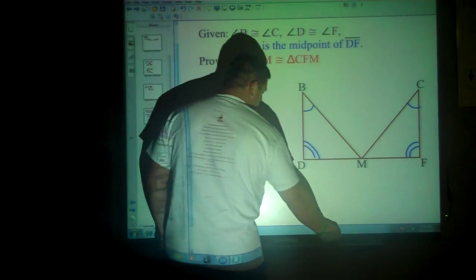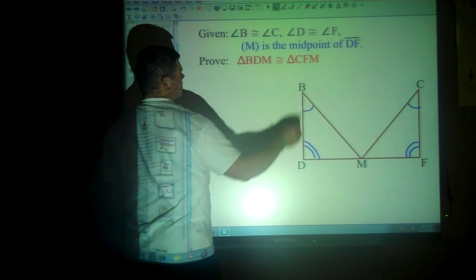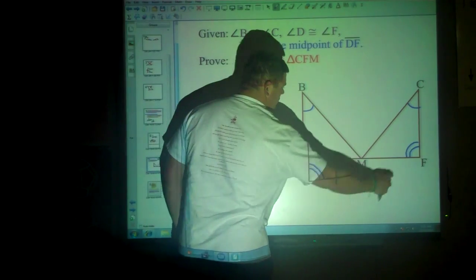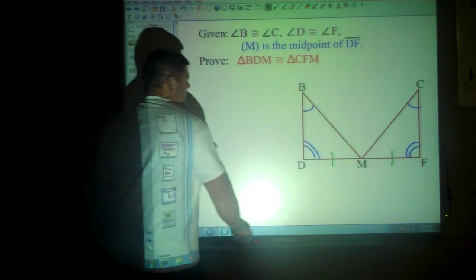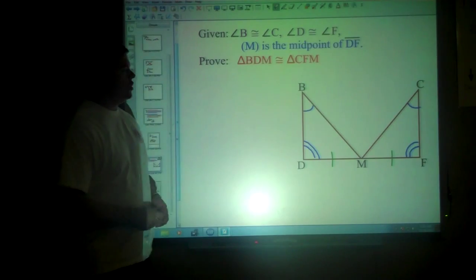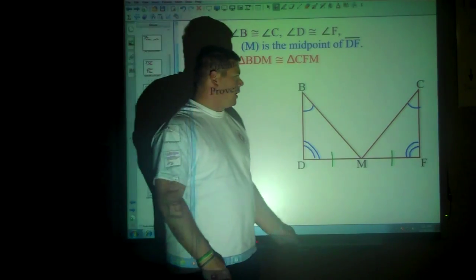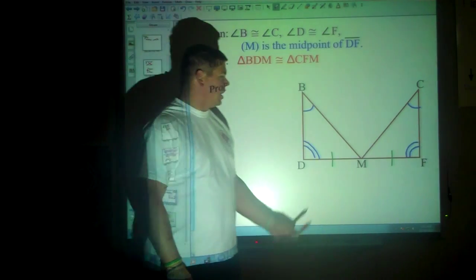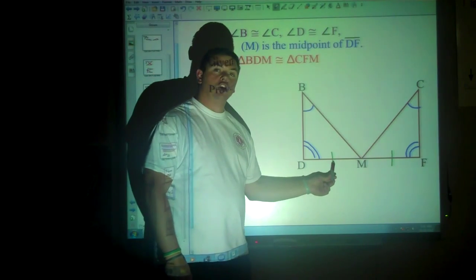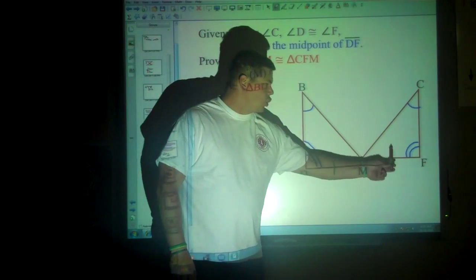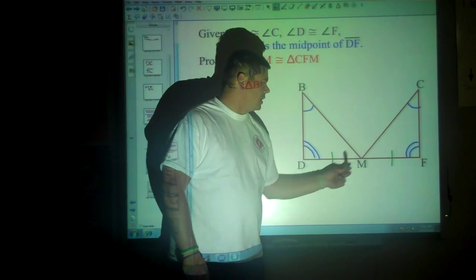One other piece of information is the fact that M is the midpoint, which means it's in the middle of these two. Now, according to what you see, you have an angle and another angle that match up, and there's a non-included side that's in the corresponding location on both of these.